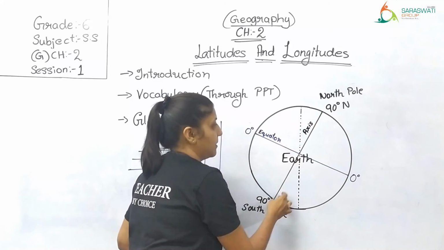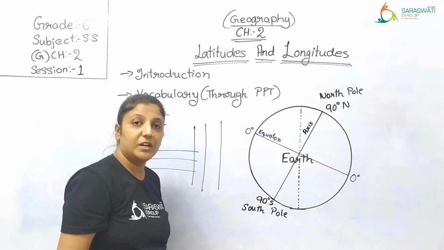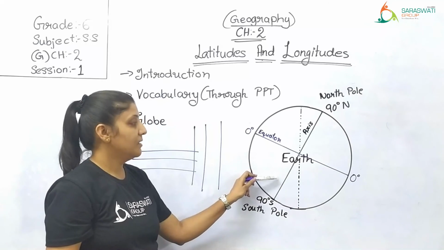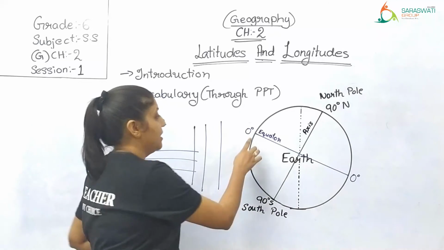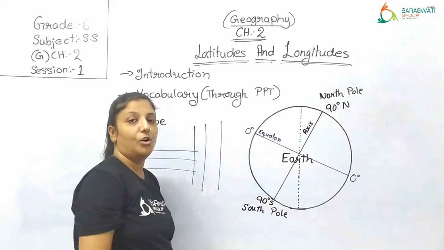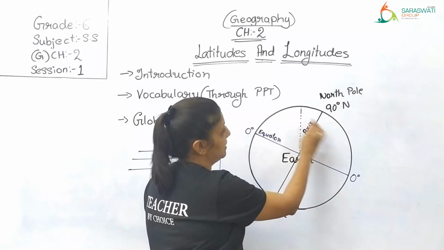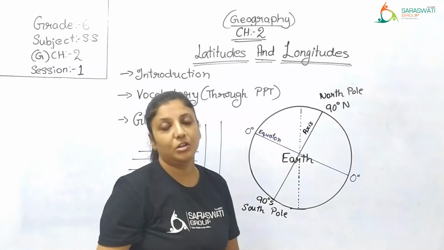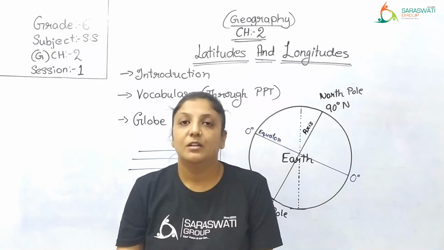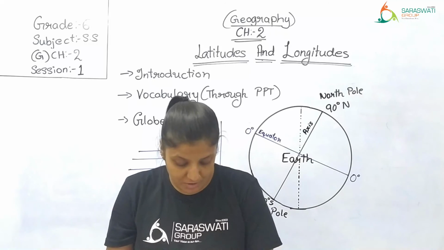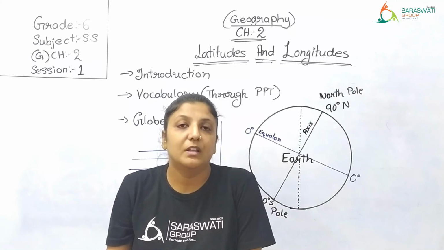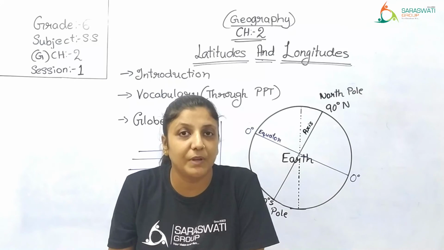This axis is a vertical line, right? So the equator is a horizontal line. So the rest of the horizontal lines are all called parallels of latitude.